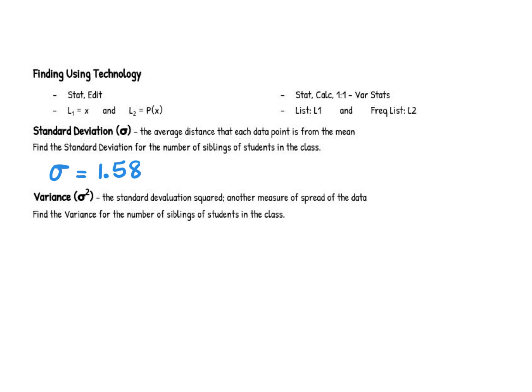And then variance is the standard deviation squared. It's another measure of the spread of the data. So all you do is take your standard deviation and you square it. So we'll do 1.58 squared, which gives us 2.50.